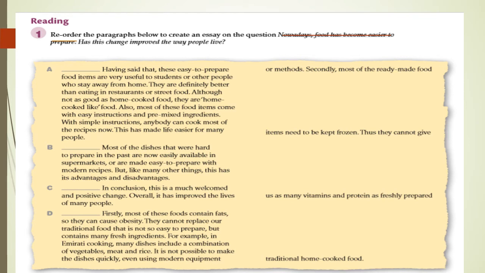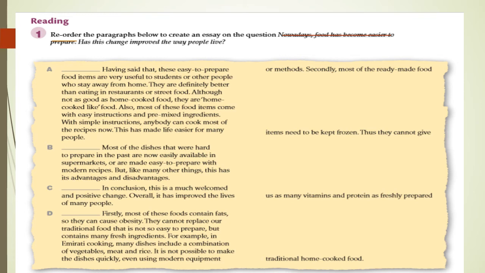D. Firstly, most of these foods contain fats, so they can cause obesity. They can't replace our traditional food that is not so easy to prepare but contains many fresh ingredients. For example, in Emirati cooking, many dishes include a combination of vegetables, meat, and rice.